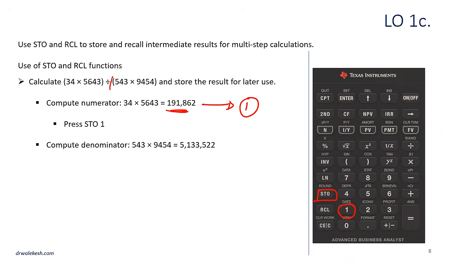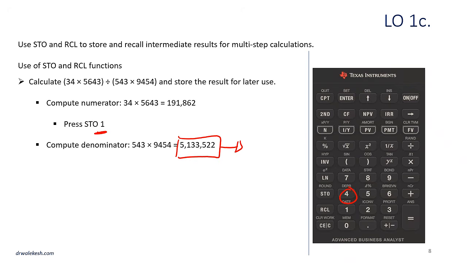Moving on to the second part of the question, that would be 543 times what we have here, which is 9454. I expect you to get the whole of this, so we can store this again on 2.